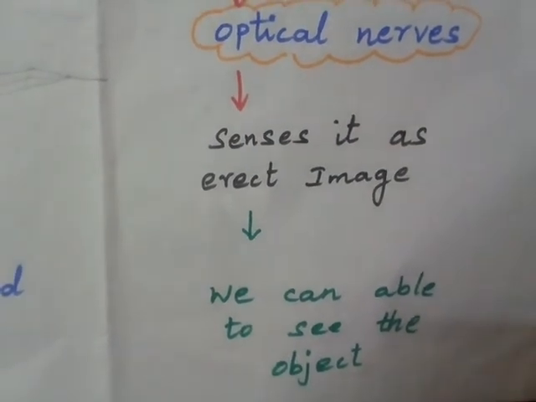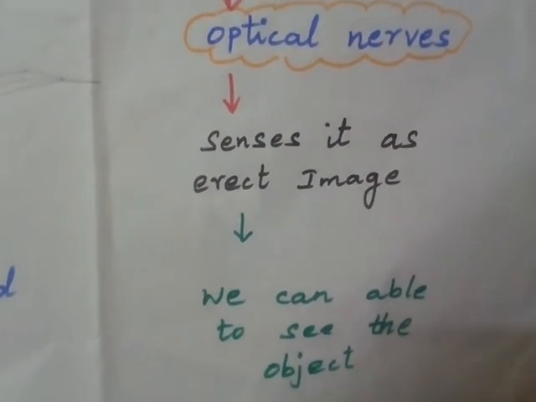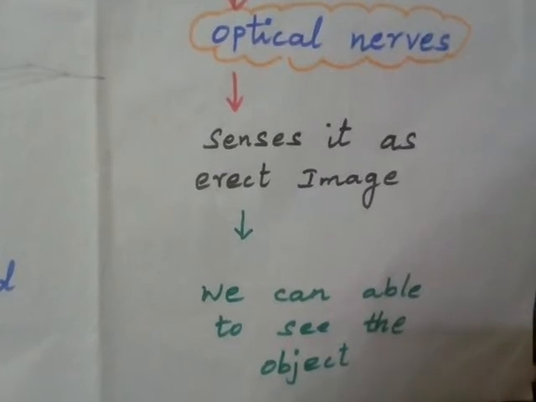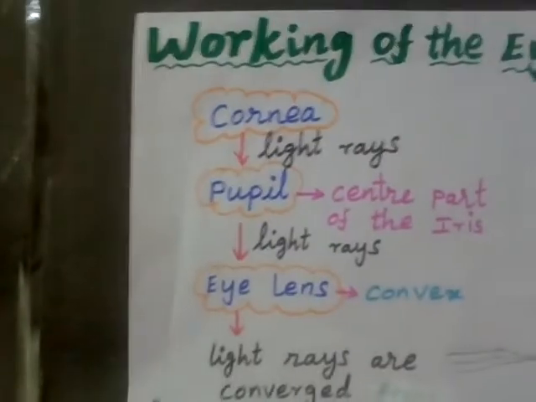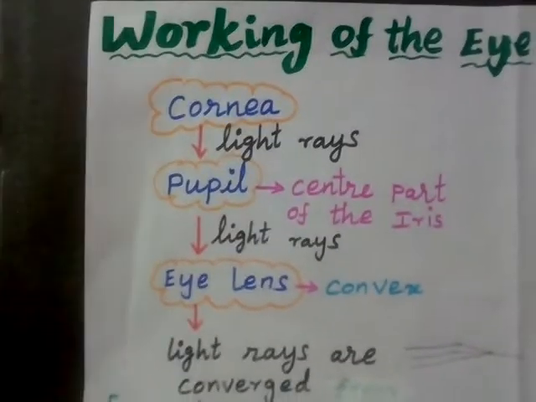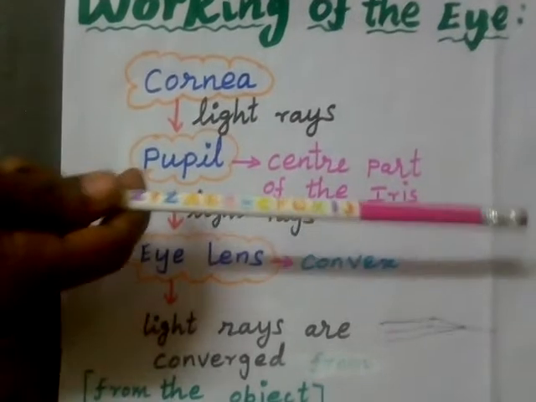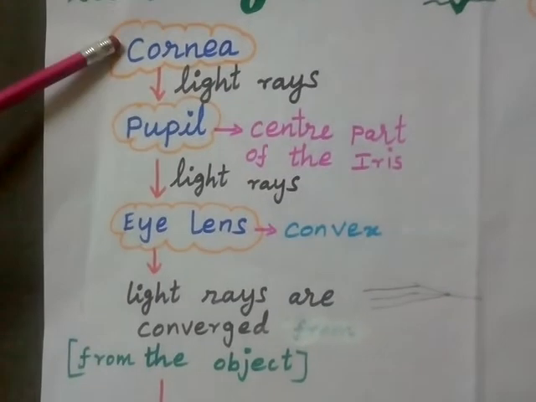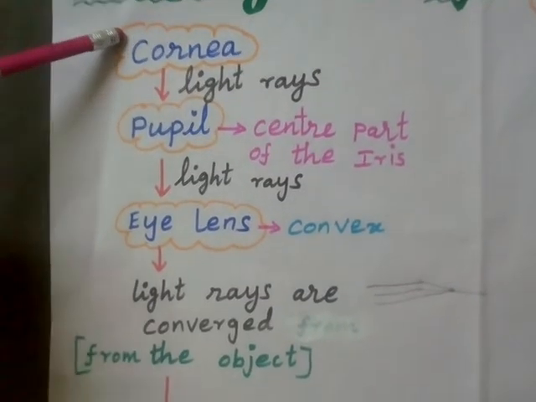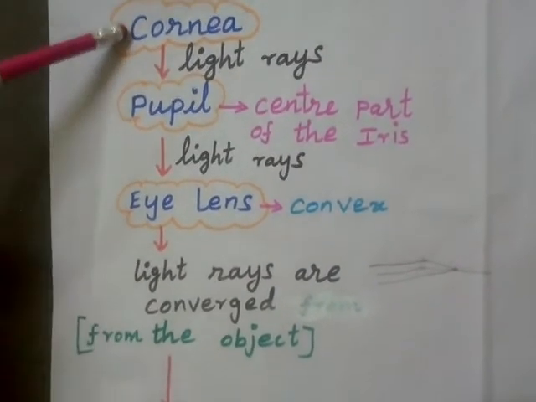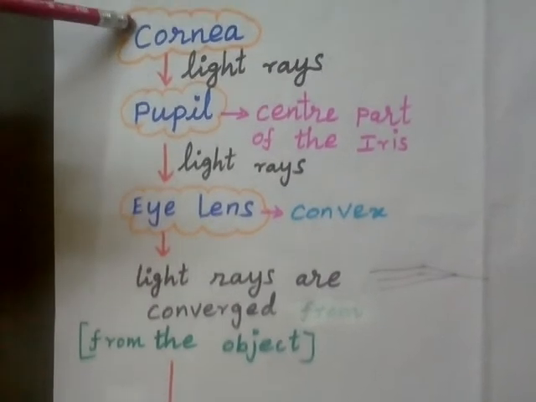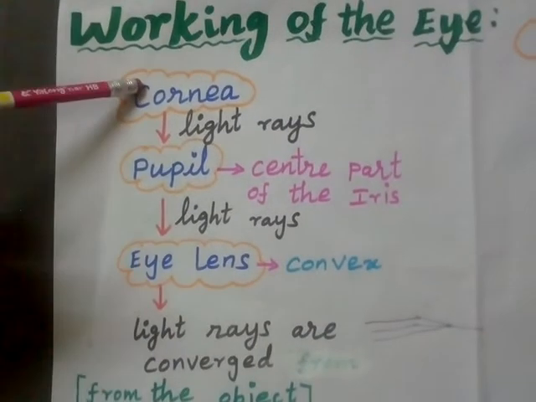This is the process of the human eye. Again, listen. Working of the eye: first, when the light falls on the object, the cornea receives the refracted light rays because it is the main refracting surface.